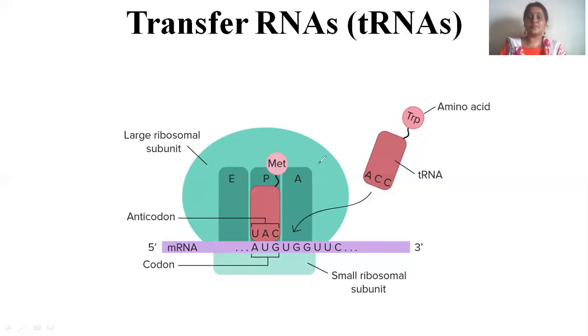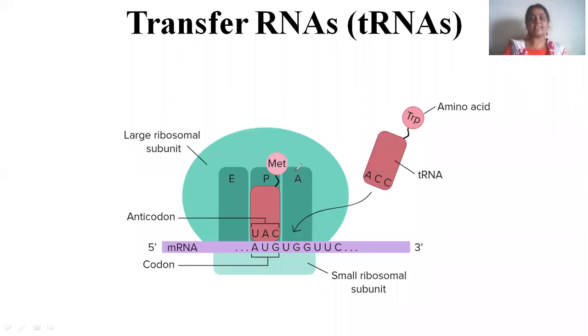Now, the functional site of translation always possesses three different sites. The first site is known as the A site, that is the aminoacyl site. The second site is known as the peptidyl site, and the third site is known as the exit site.